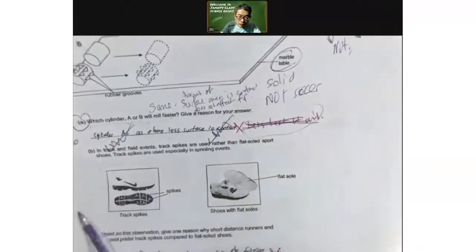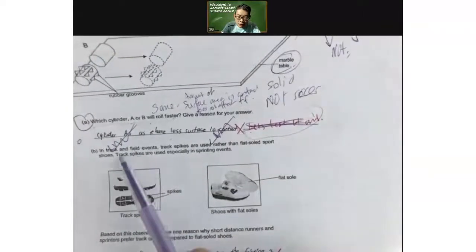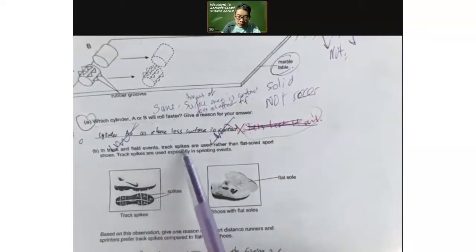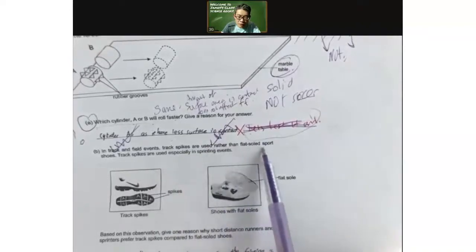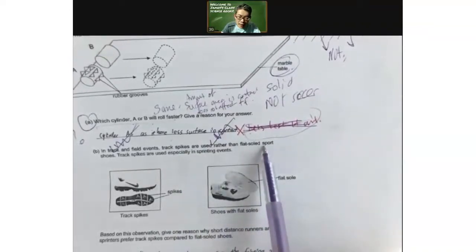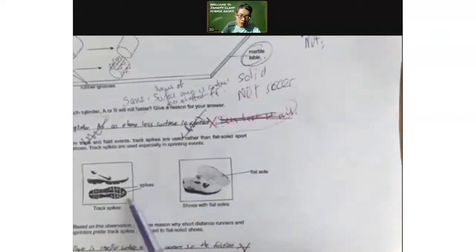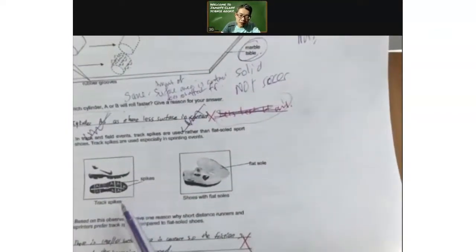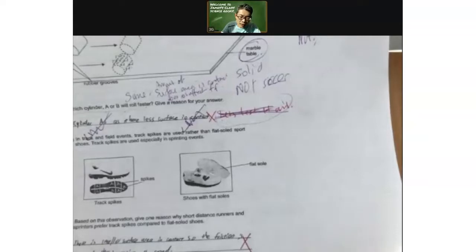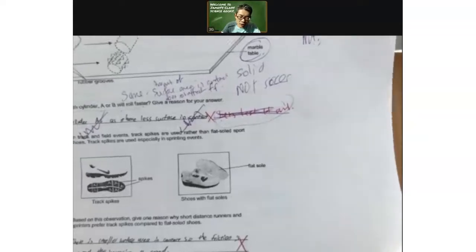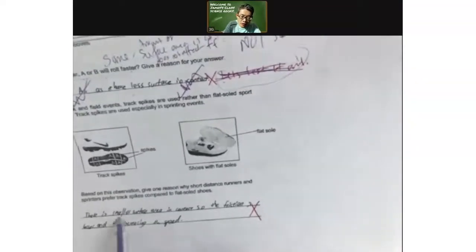Now, the different story right now is this. In track and field events, track spikes are used rather than flat sole support. Why? If you talk about surface in contact, if there's less surface in contact here and that doesn't affect frictional force, why would they use spike shoes? Like in soccer, for example, they play on the soccer field. Actually, when they have spike shoes, it will actually increase the surface area, not decrease.